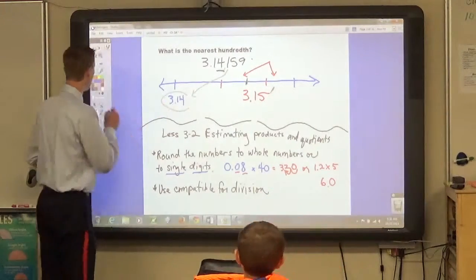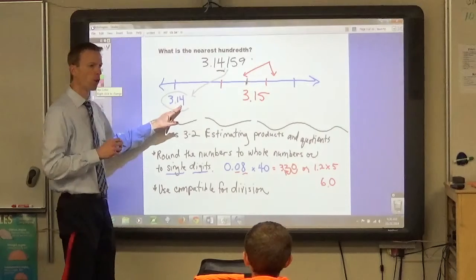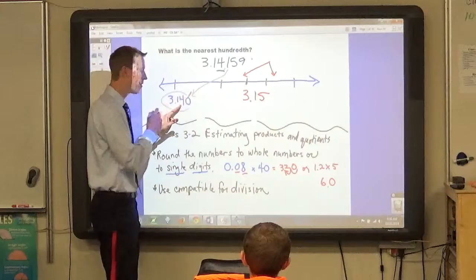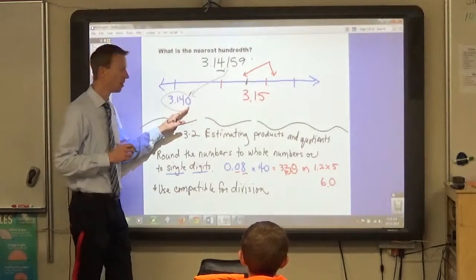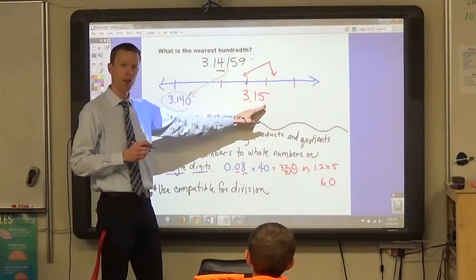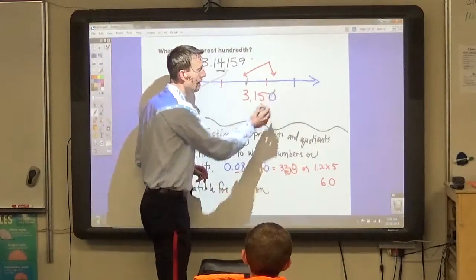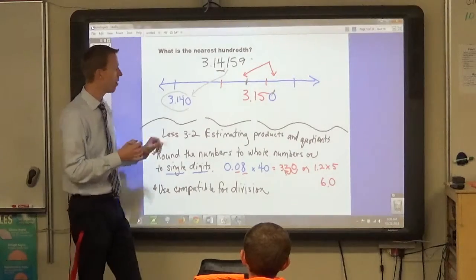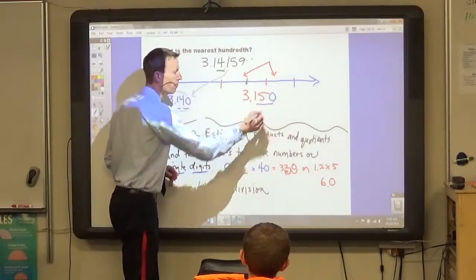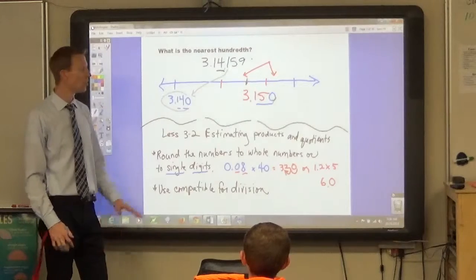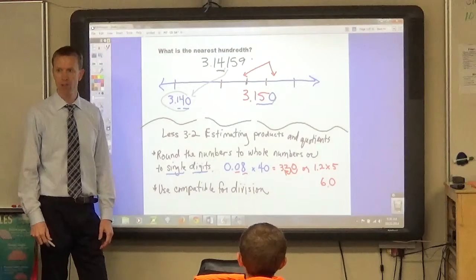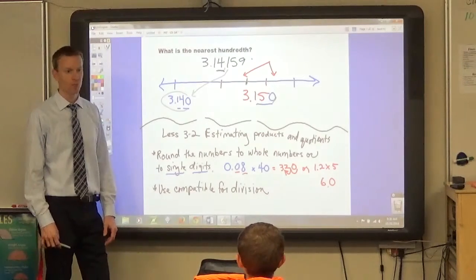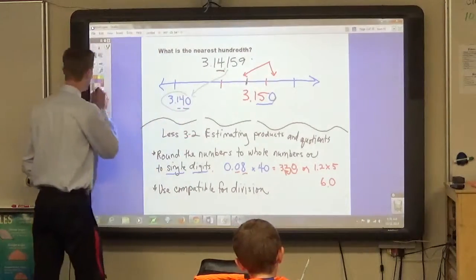Well, think of it this way. This is 3 and 14 hundredths, but it's also 3 and 140 thousandths. This is 3 and 15 hundredths, but we could also say this is 3 and 150 thousandths. Now, if we look between 140 and 150, what's directly between 140 and 150 thousandths? 145 thousandths, right.